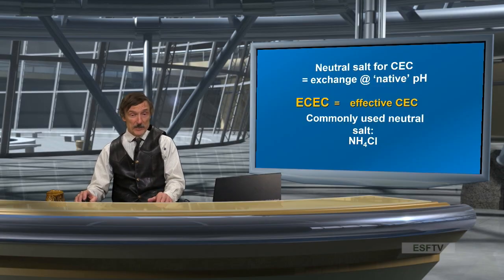We're in forest soils. It's rare in the Northeast to have such high pHs. So we wanted pictures or understanding of CEC at the native soil pH. And that's why this whole thing developed around effective CEC and using ammonium chloride. Largely that need came from some of the acid rain research, which I cut my teeth on as a postdoc.